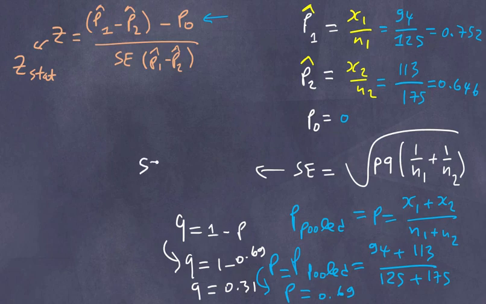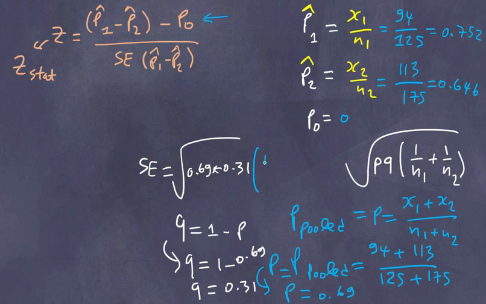So the standard error is 0.69 times 0.31, bracket 1 over N1, which is 125, plus N2, 175. That's your standard error.